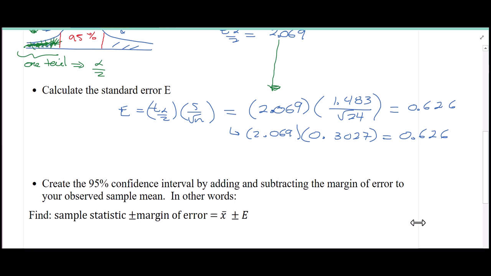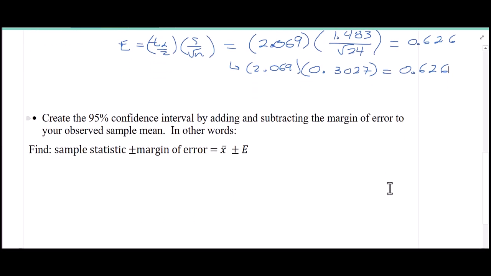Now we're ready to construct our confidence interval. How do we do that? We do the sample statistic plus or minus the margin of error, which we just found. This is our E. So our 95% confidence interval has a lower limit of x bar, our sample statistic, minus the margin of error, and then the mean is in the middle. We're approximating the population mean.